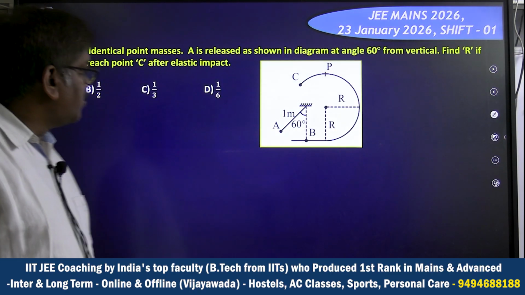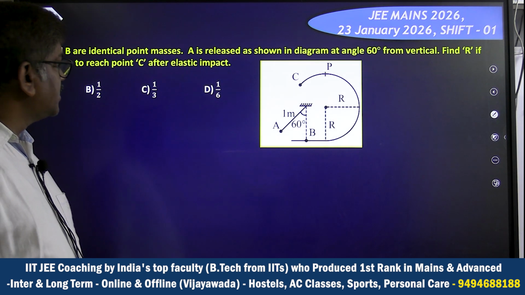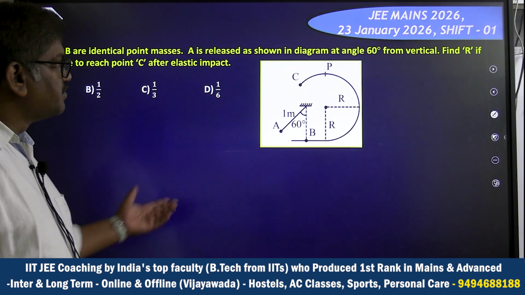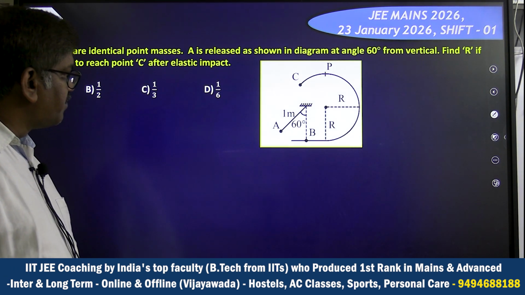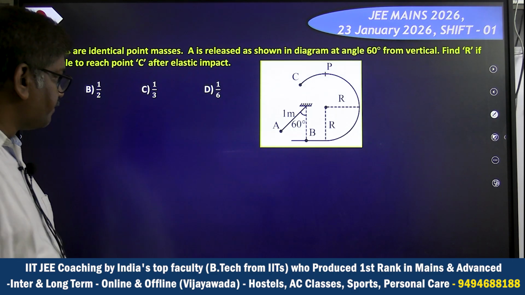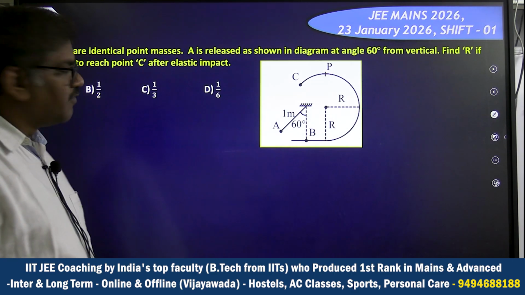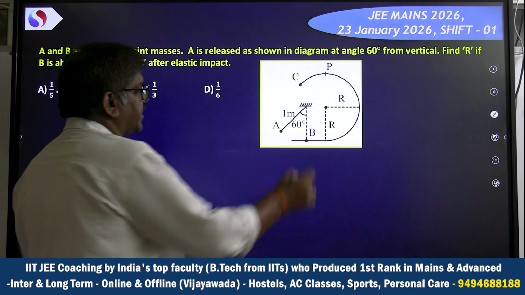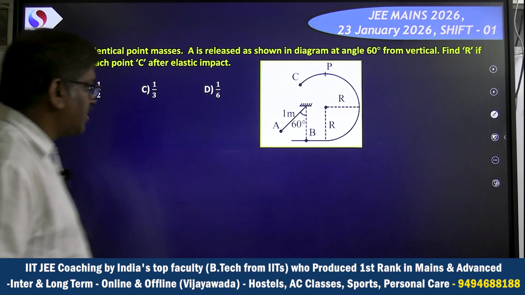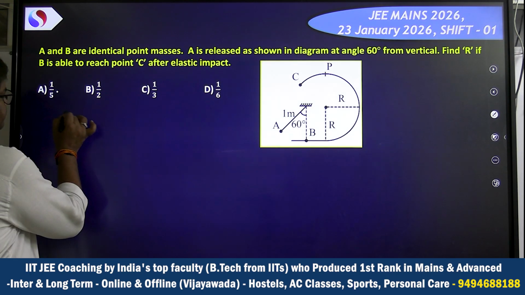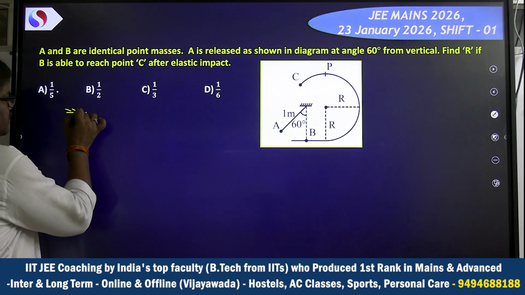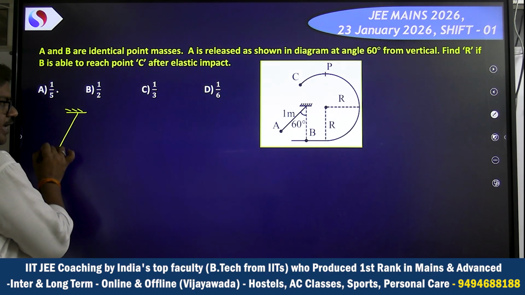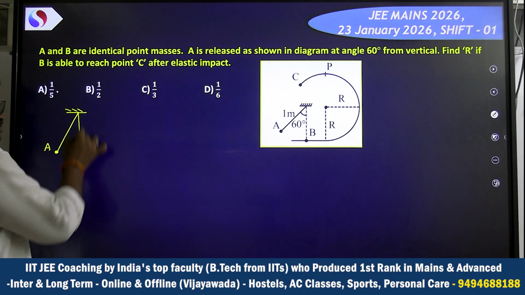Now here, because it is memory based, some information may possibly be wrong. Whatever information is given, we will solve it accordingly. Okay, so here they are saying that there is a pendulum which is being released from the point A. It is a simple pendulum.